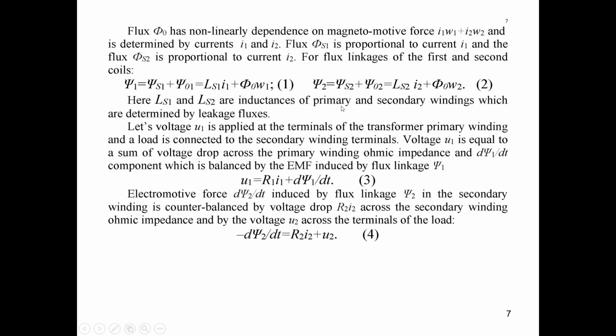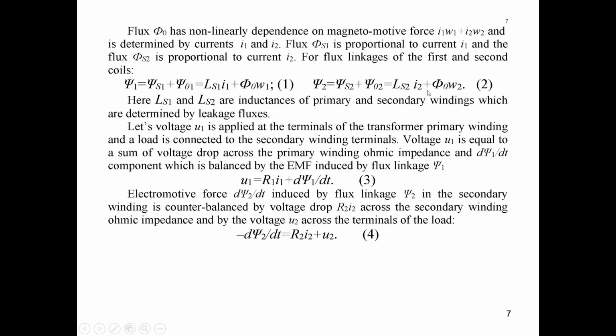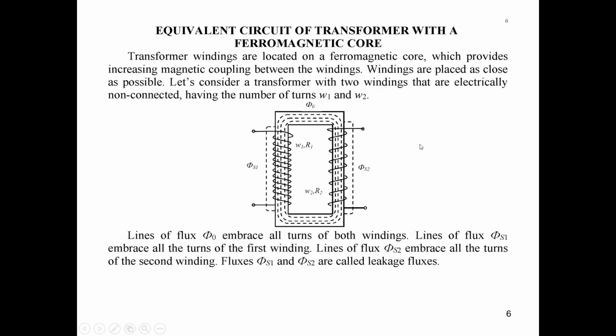And the same equation can be written for the secondary winding. It will be Psi2 equal to Psi-S2 plus Psi-O2, or it's equal to Ls2, the inductance of the secondary winding, multiplied by I2, plus Φ0 multiplied by W2, the number of turns of the secondary winding.